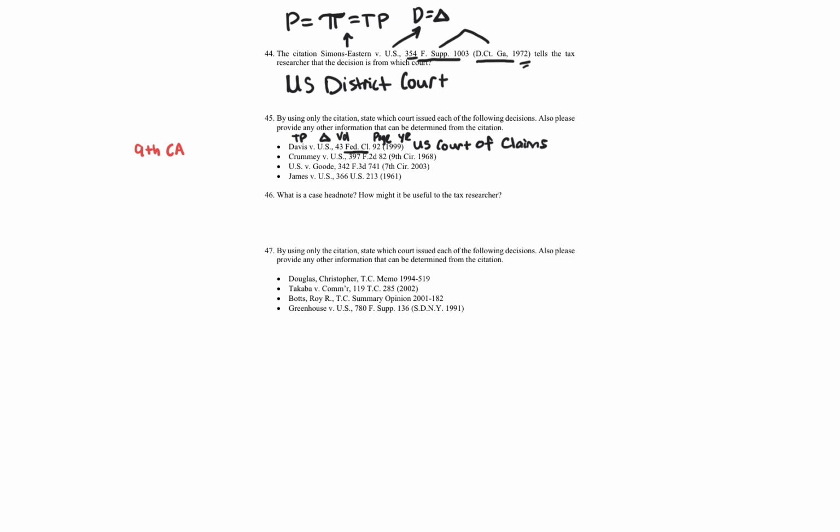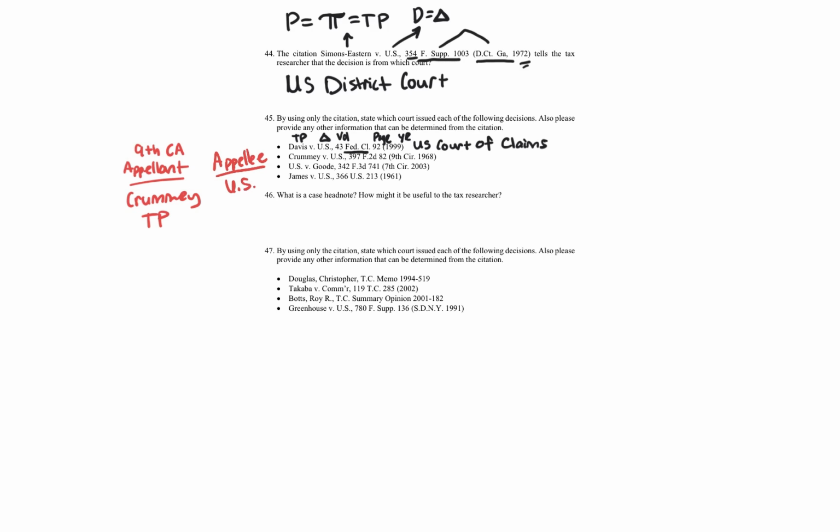Now, the parties, the appellant is Crummy, and that is the taxpayer, which means that Crummy lost the decision below and is appealing. U.S. is the appellee, so they are not the party that's bringing the appeal.